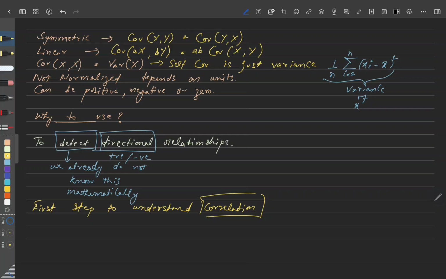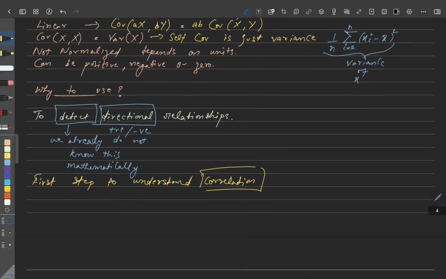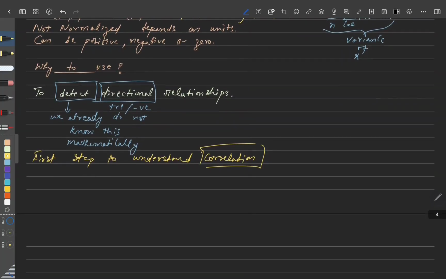And then when to use it: you can simply use it during exploratory data analysis. You're just exploring the data.